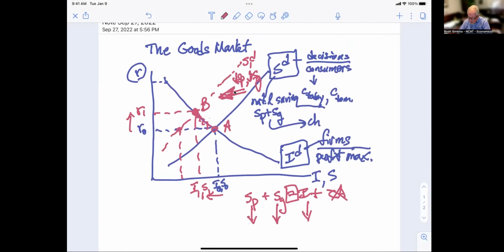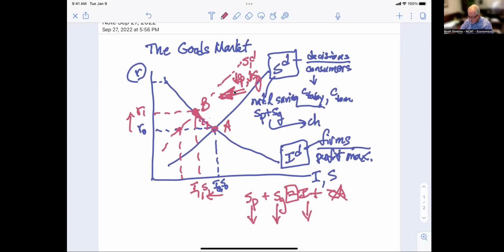So this is one example. But the general point in this video that I'm trying to lay out for you is that once we understand where the curves come from and what causes them to shift, then we can go through examples where, if there's a shift in the curve, we see what happens in that market to the real interest rate, and what happens to investment and saving in the economy, right?